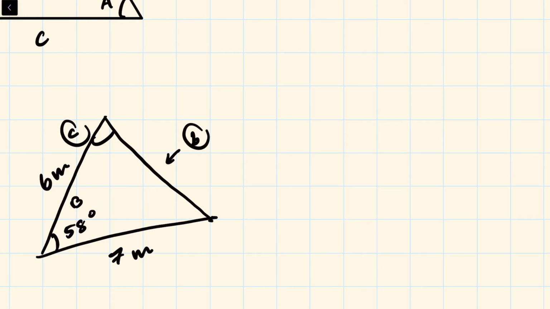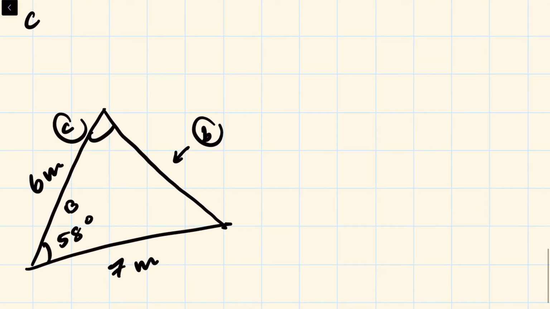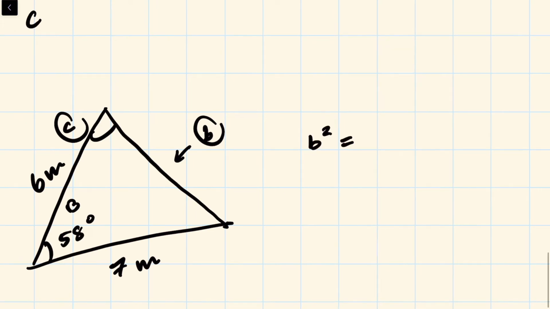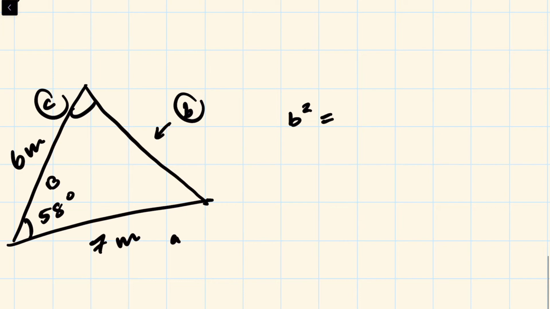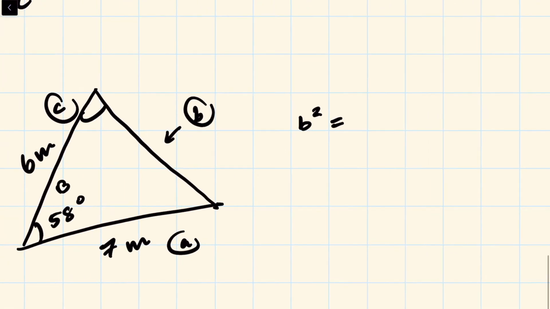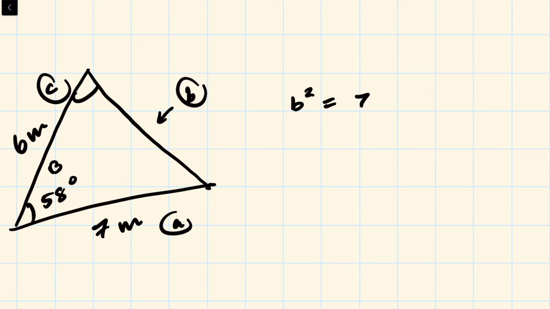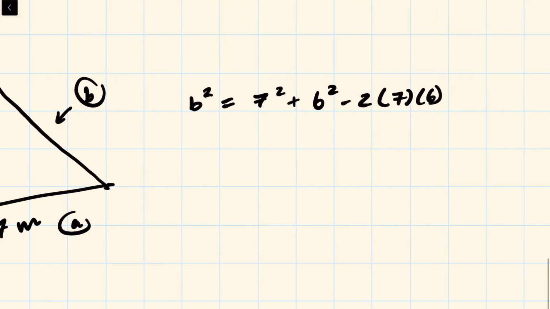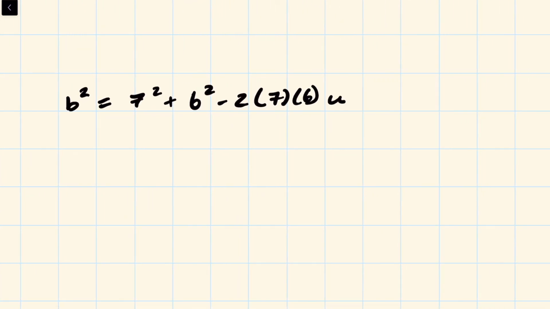So we are going to write here then our b squared, that's what we're trying to find, is equal to, let's call this a, sorry, that's c and a, the 6 and 7, respectively. 7 squared plus 6 squared minus 2 times 7 times 6 times the cosine of 58.